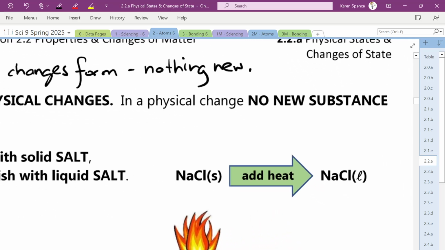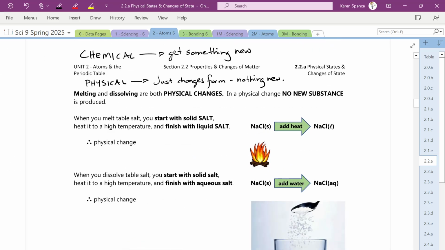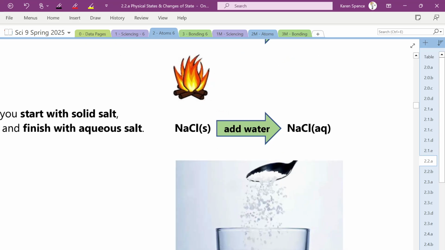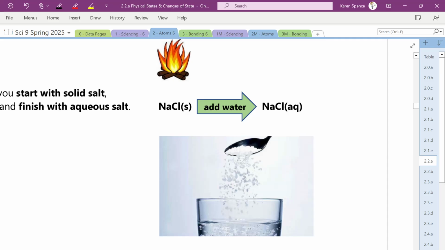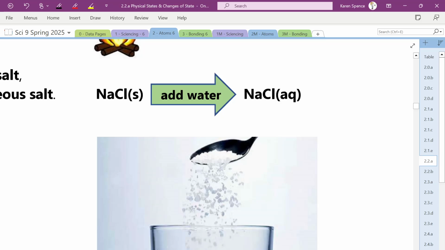So even if you do something crazy, like you take some heat and you melt your sodium chloride and you get liquid sodium chloride, it's still just a change of state. If you were to cool it down again, you would get salt back at the end. Okay? If you dissolve salt in water, you'll get sodium chloride aqueous.